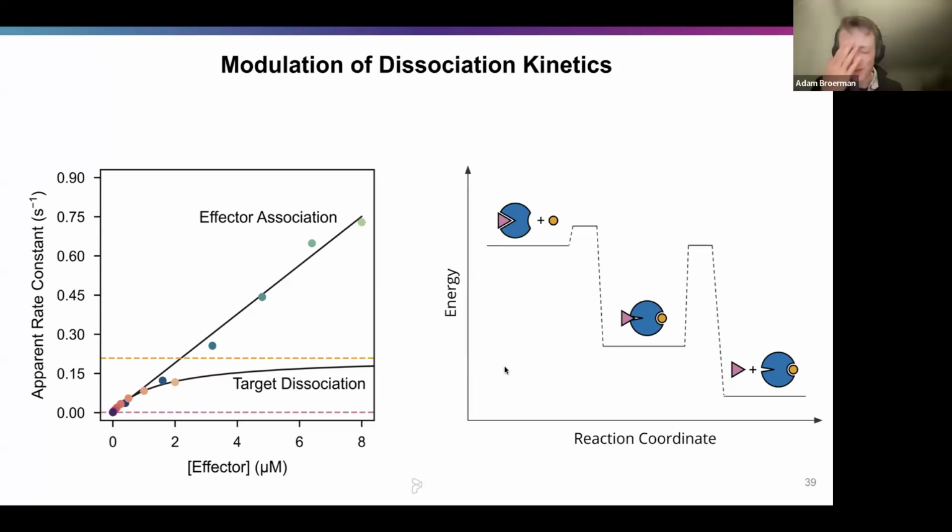Yeah, I'm sorry, I don't think I explained that point very well. So the idea is if we raise the energy of the strain ternary complex, that will raise the barrier for effector association. So we're making more use of the overall energy that we get from binding the effector. And because the energy of the strain state is higher, that should reduce the energy barrier for target dissociation, leading overall to a faster facilitated dissociation process.